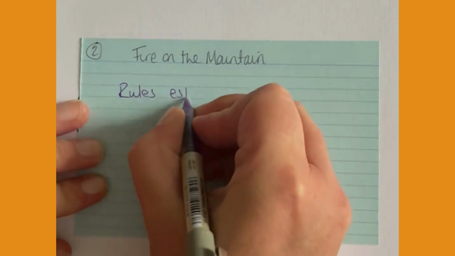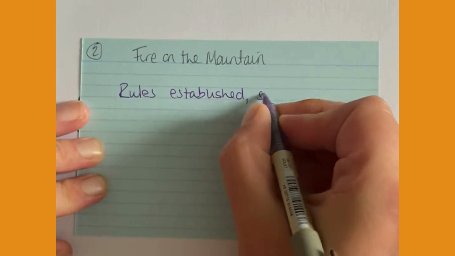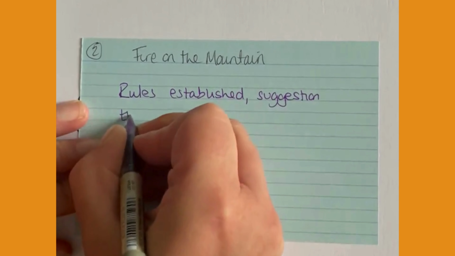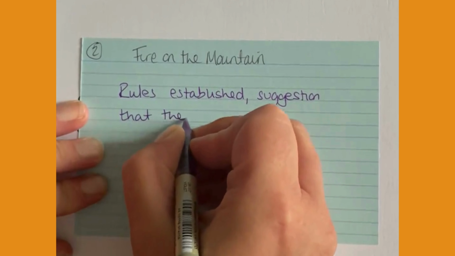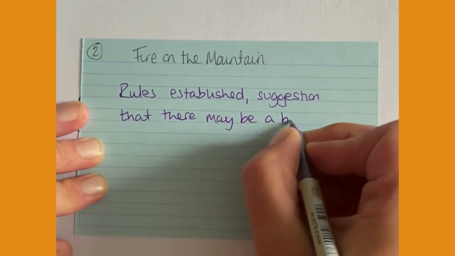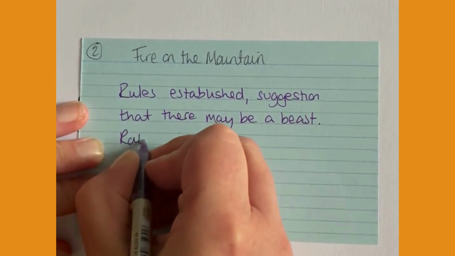So, rules established. Suggestion that there may be a beast. Ralph tries to calm people.